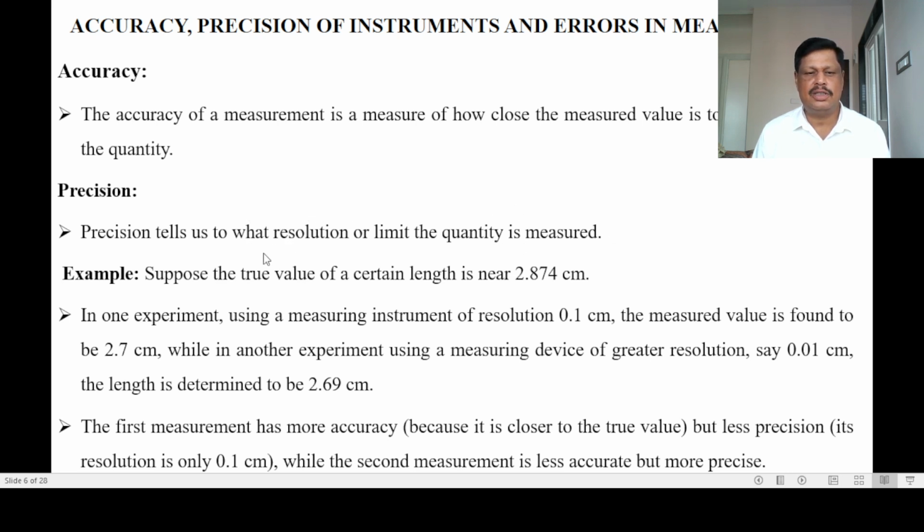Precision tells us to what resolution or limit the quantity is measured. These two, accuracy and precision, can be understood using an example.